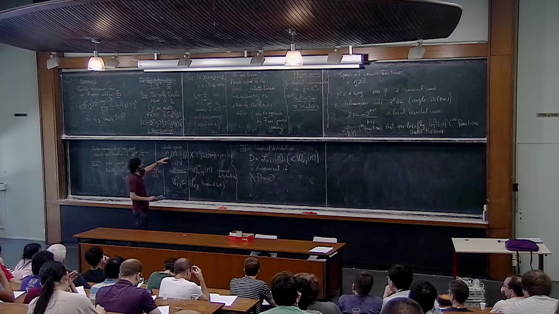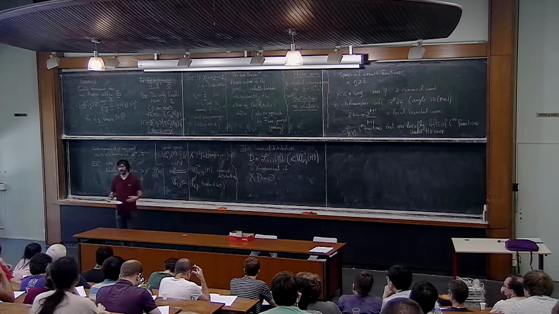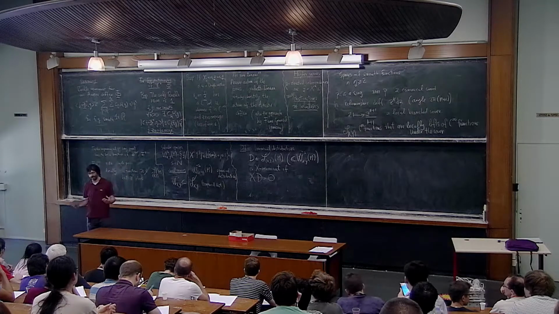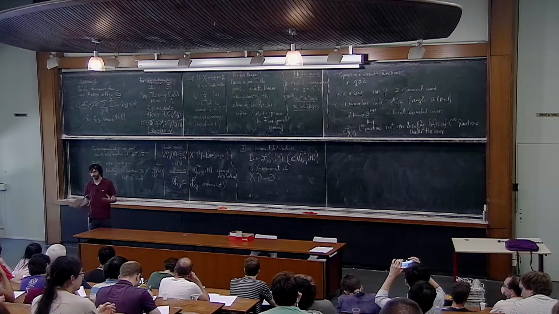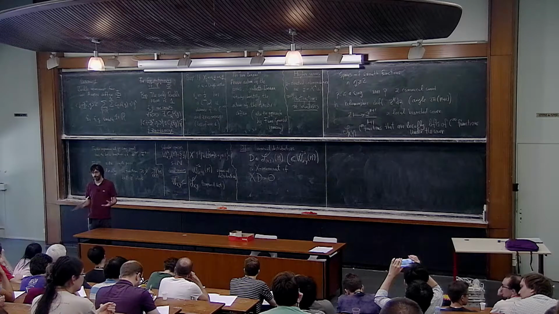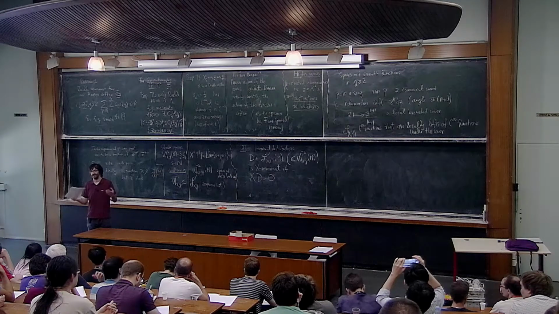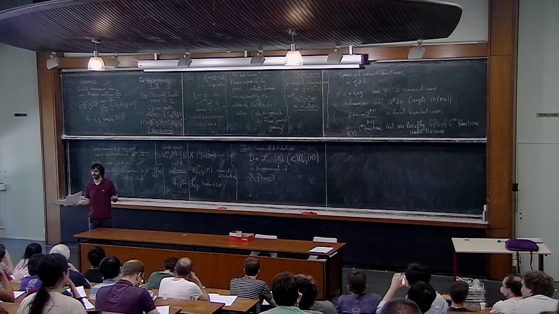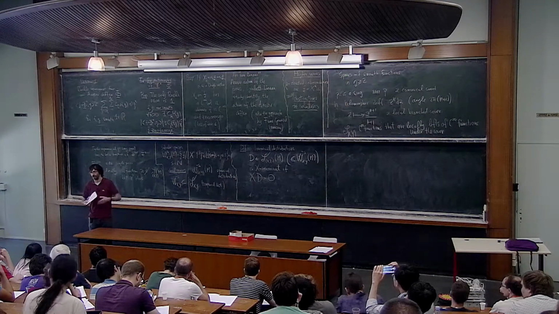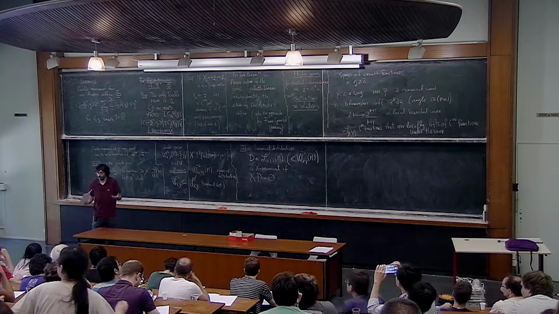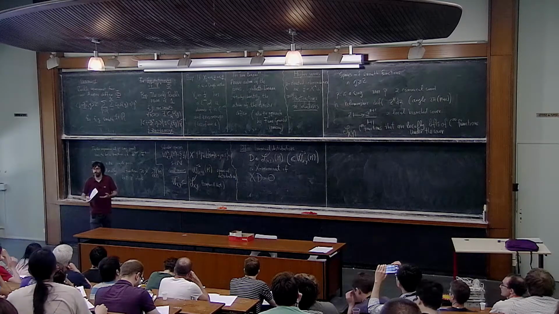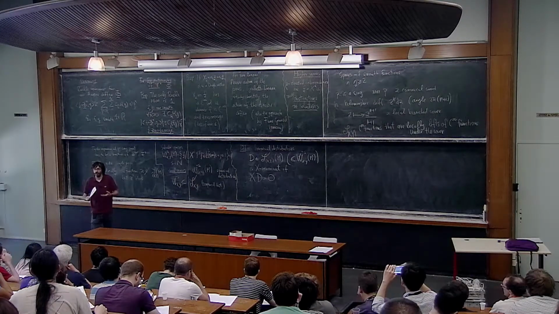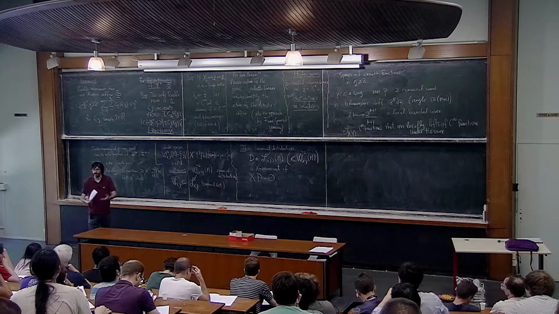Yeah, but distributions are linear functionals which act on C infinity functions. That's right, but they can act also on larger spaces. Like for instance, the delta distribution is a measure, so it acts on continuous functions. Of course, it's also a distribution, so it acts on C infinity functions. So some distributions are more regular, in the sense that they act on functions which are worse than C infinity.